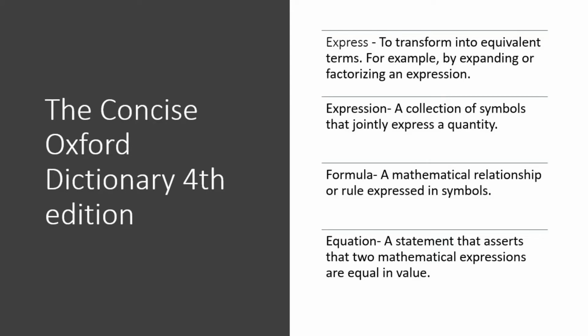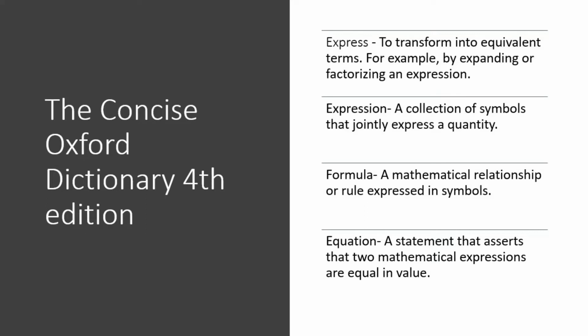Formula: a mathematical relationship or rule expressed in symbols. Equation: a statement that asserts that two mathematical expressions are equal in value. All of these definitions apply to the equations of the ellipse and their transformations that we discussed.